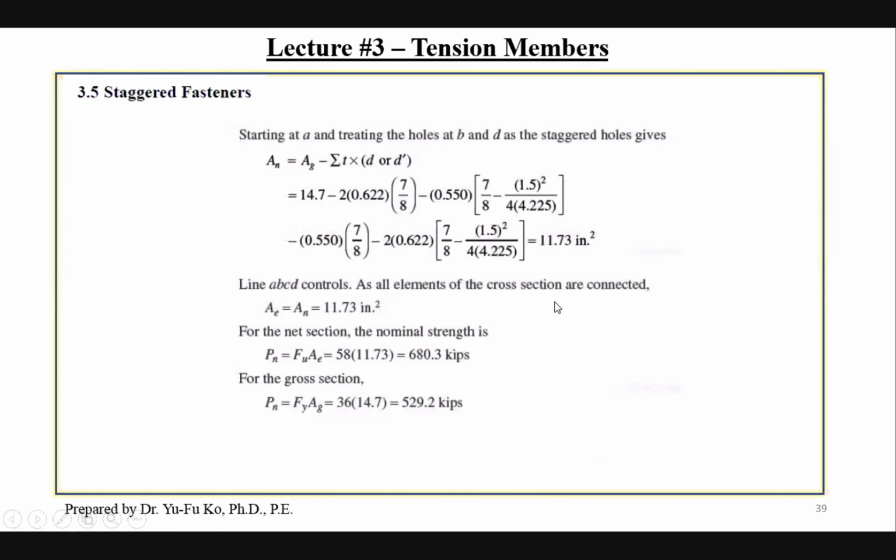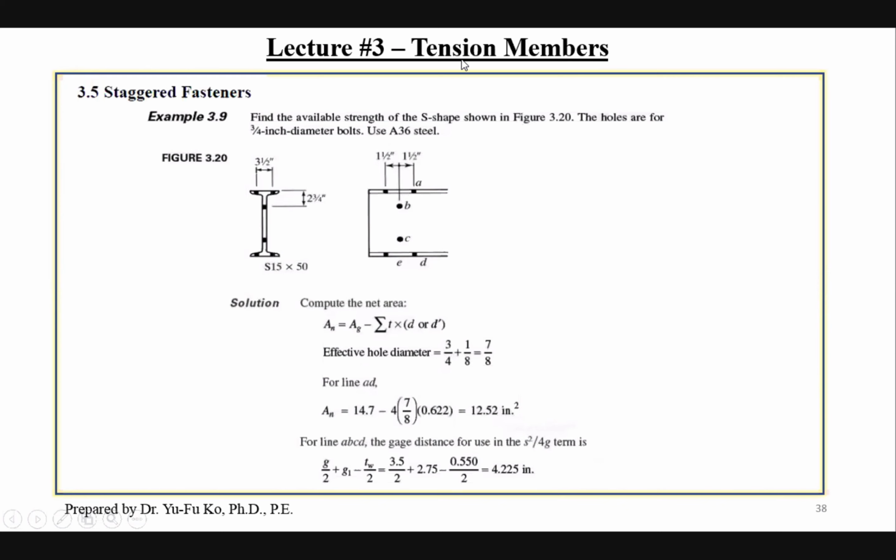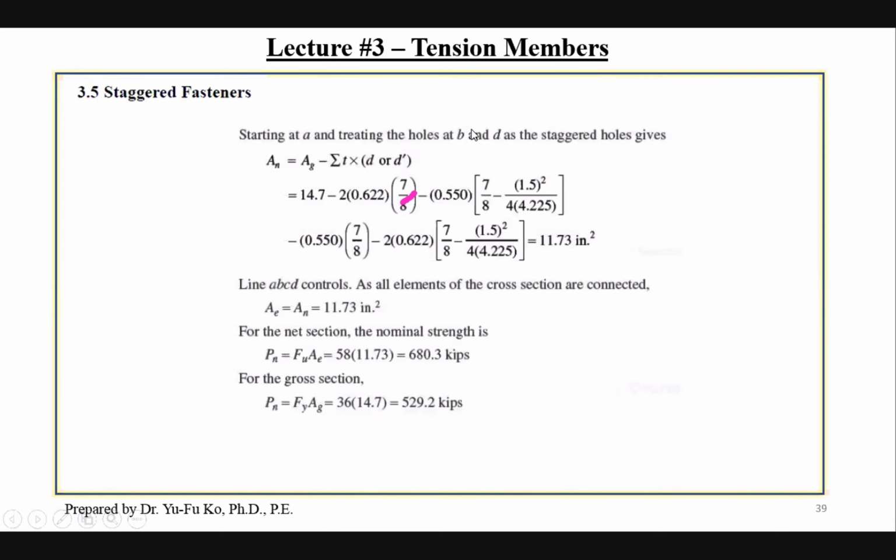Now let's move on to bolt B. Is bolt B staggered or non-staggered? Staggered, so you need to use D prime. D prime is D minus S squared divided by 4G.